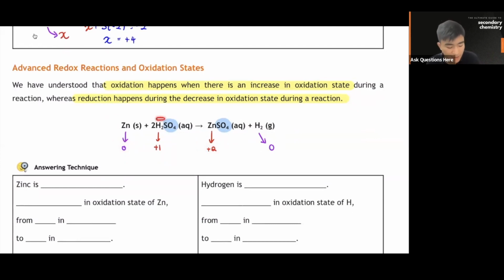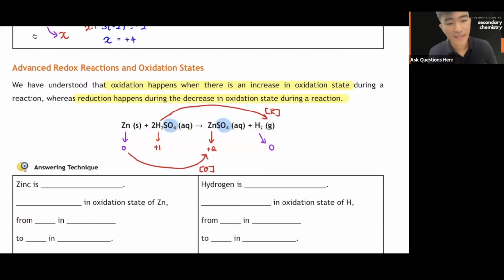On the other hand, hydrogen goes from plus 1 to 0, a decrease in oxidation state, and it is a reduction reaction. So I'm going to label this for you. This is an oxidation reaction, and this one is a reduction reaction. Sorry, to be exact, it should be pointing to the hydrogen.